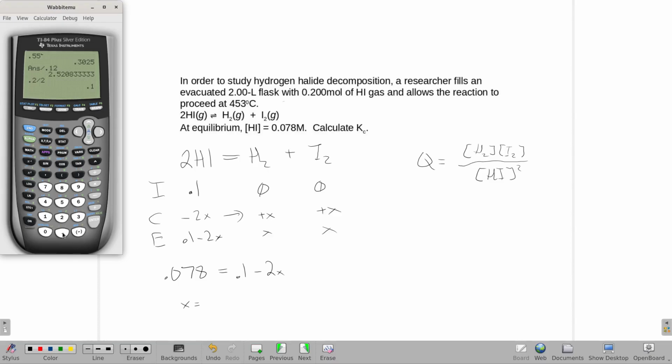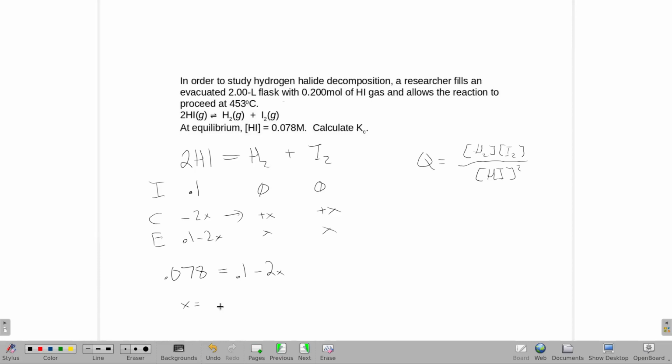So, 0.078 minus 0.1 divided by negative 2. And we get our x is 0.011. So, now to calculate our K, we're plugging values in. Our equilibrium amount of H2 is x, 0.011. Our equilibrium amount of I2 is also 0.011. And the HI in the bottom is that 0.078 squared.